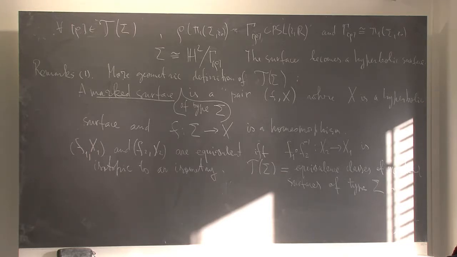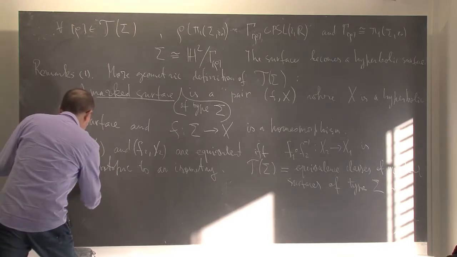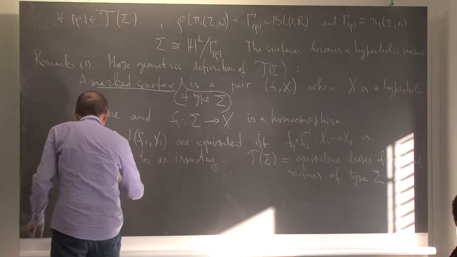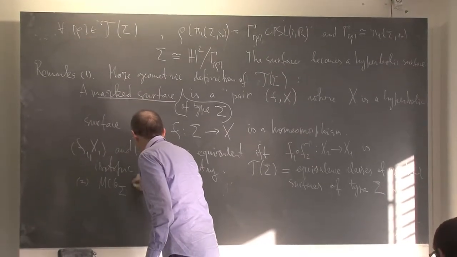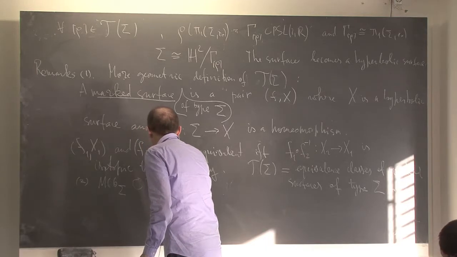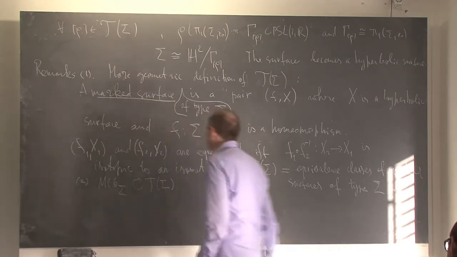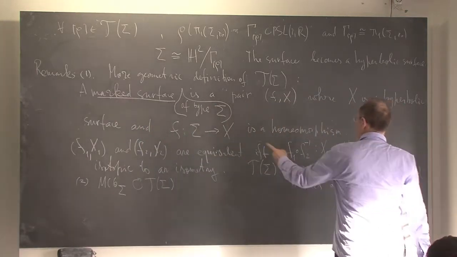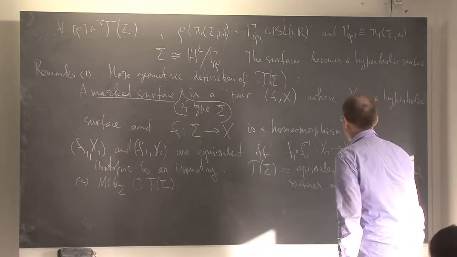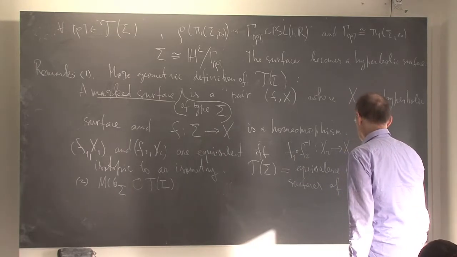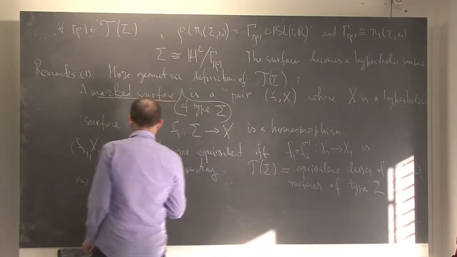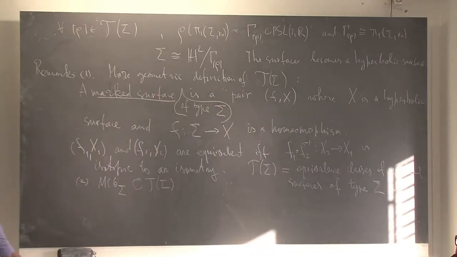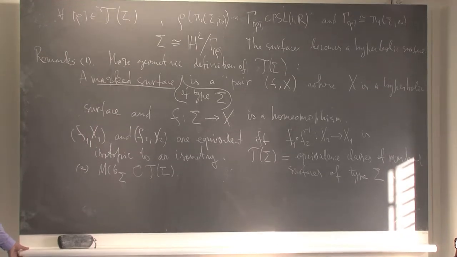Right, this is the second remark. So the mapping class group of our surface sigma acts on Teichmüller space tau sigma, if we use this interpretation. Why? Because we can precompose a marked surface with a homeomorphism.